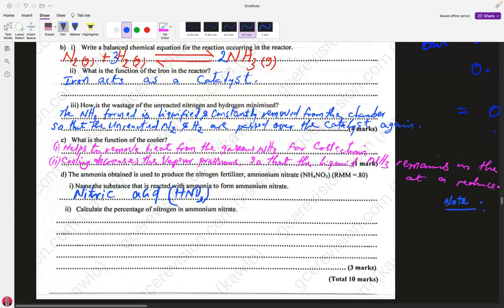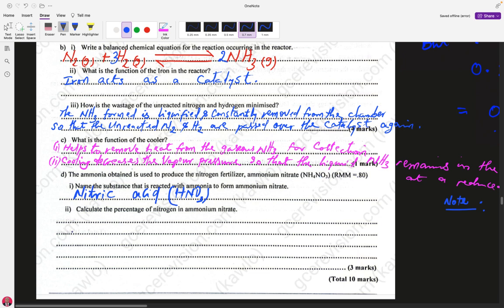Number 2, calculate the percentage of nitrogen in ammonium nitrate. There are two nitrogen atoms. Nitrogen is 14, and 14 times 2 is 28, and the molar mass is 80.